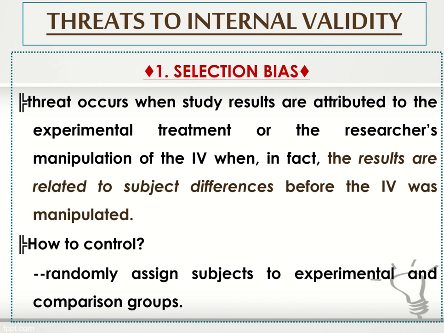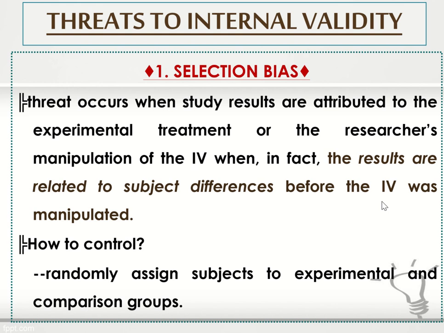So this threat occurs when study results are attributed to the experimental treatment or the researcher's manipulation of the independent variable when in fact the results are related to subject differences before the independent variable was manipulated.